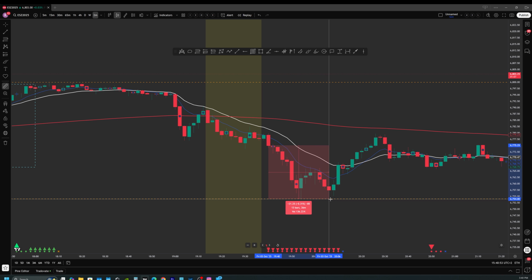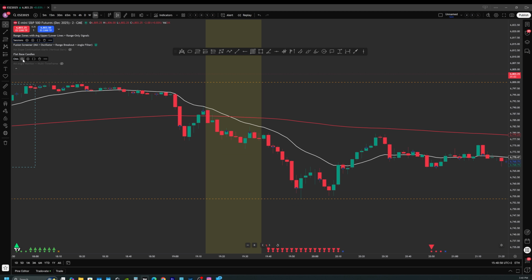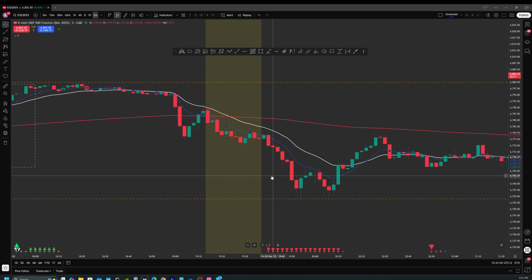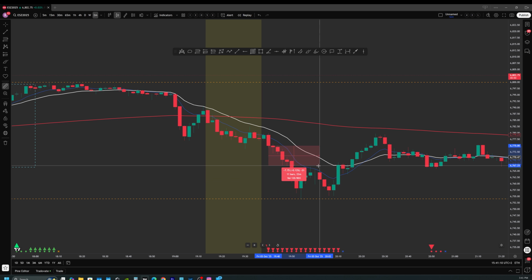This blue line is a 9 EMA, so when you enter over here you can trail behind the EMA, and you would have exited over here when it broke the EMA at 12.5 points. Not bad, right? So that's basically the indicator.